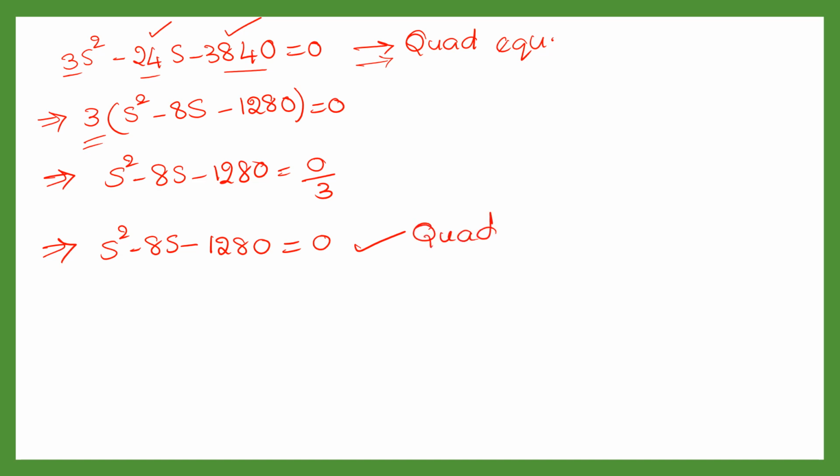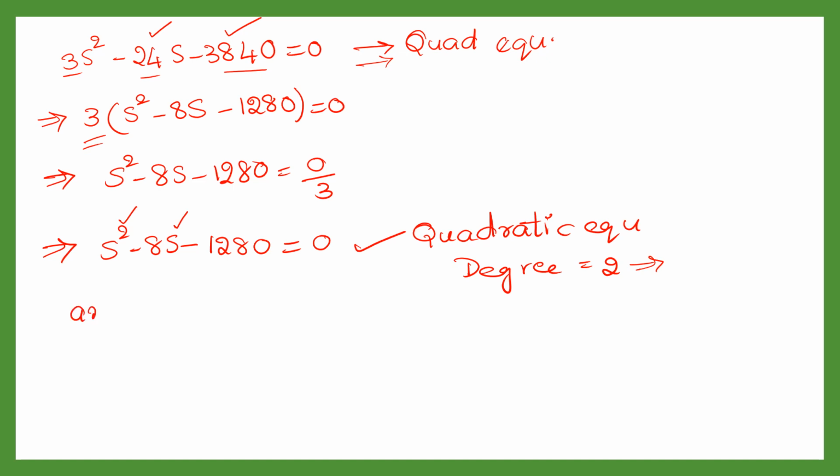How can you tell that? If you check the degree of the equation, it is what? Degree is highest power of the variable. Variable is s. Highest power is 2. Here you have 2. Here you have 1. Highest is 2. So degree is 2. Degree is 2 means it is quadratic equation. What is the other way of telling?